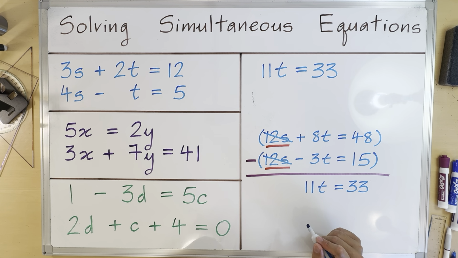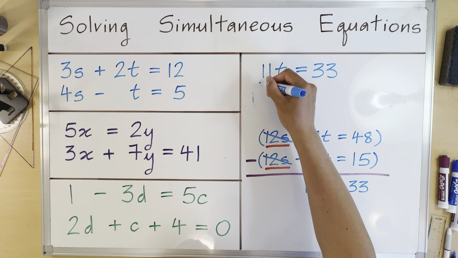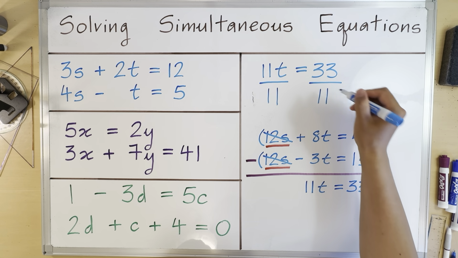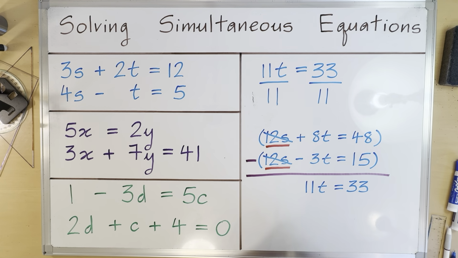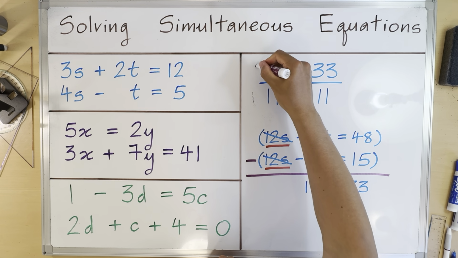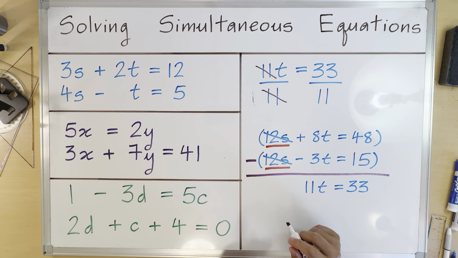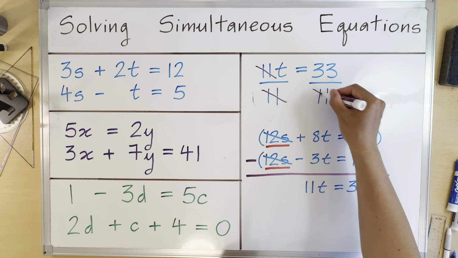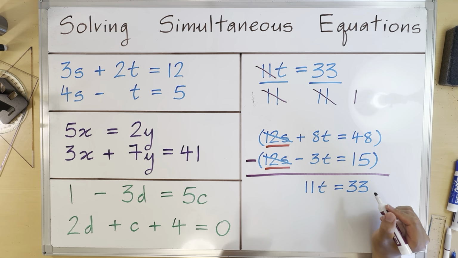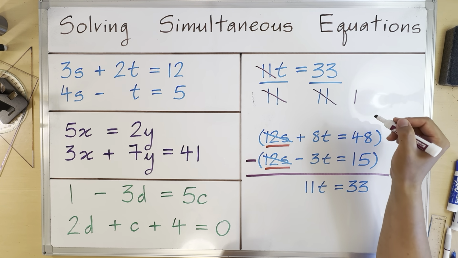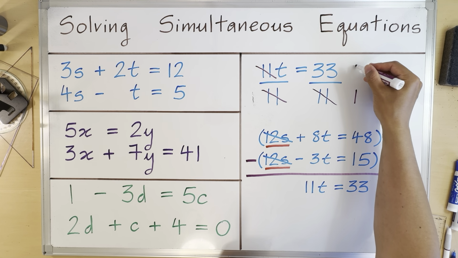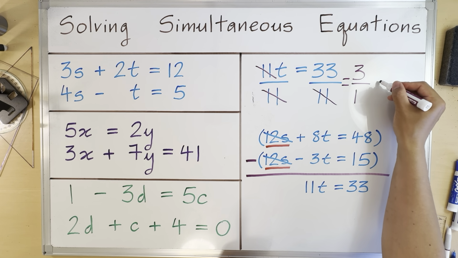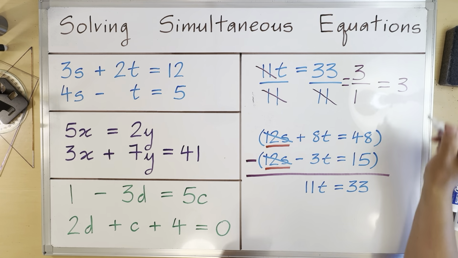And what we want to do is that we want to isolate t. So we're going to divide both sides by 11. The 11 and the 11 cancel each other out. 11 divided by 11 leaves us with just 1. 33 divided by 11 gives us 3.